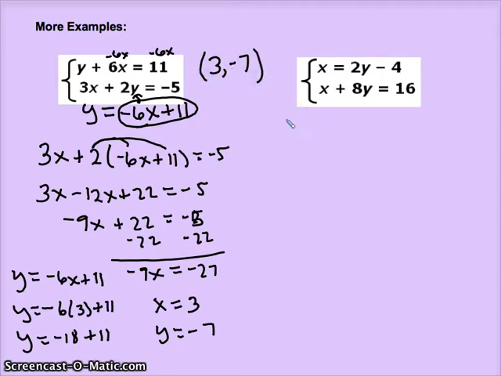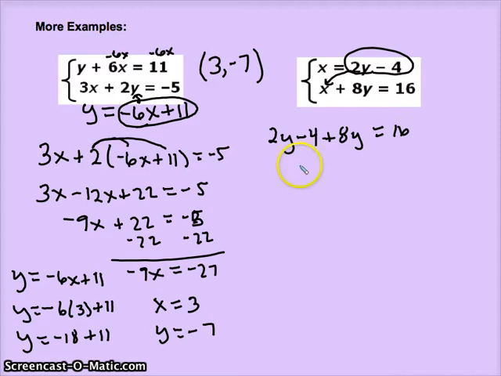All right. In the next example, x has been isolated, so I can take the value of x, which is 2y minus 4, and substitute it into the other equation on the bottom for x. Okay, let's go ahead and do it. 2y minus 4 plus 8y equals 16.